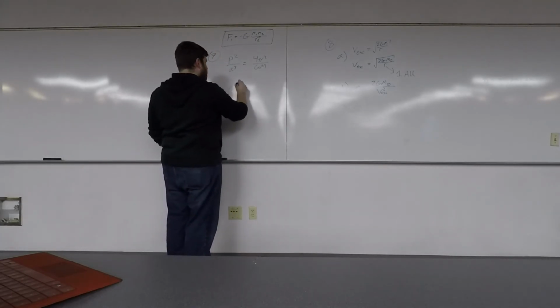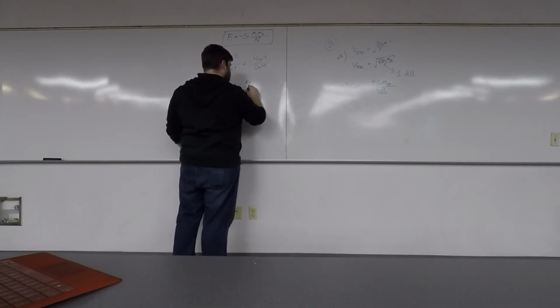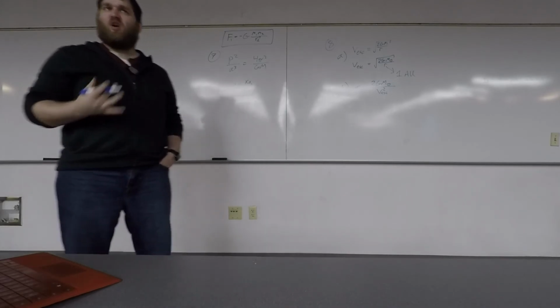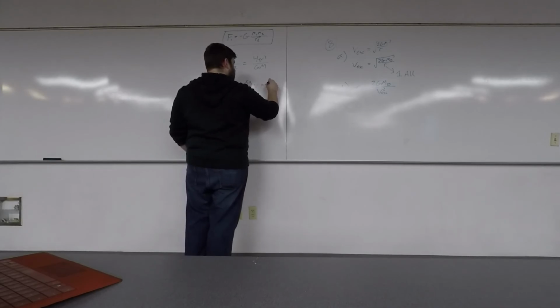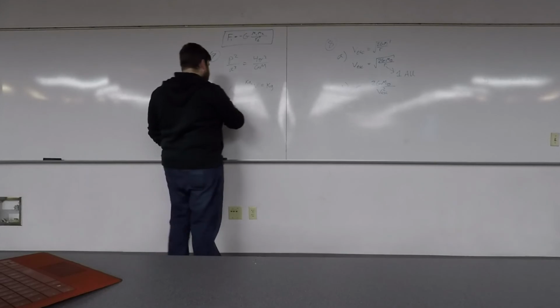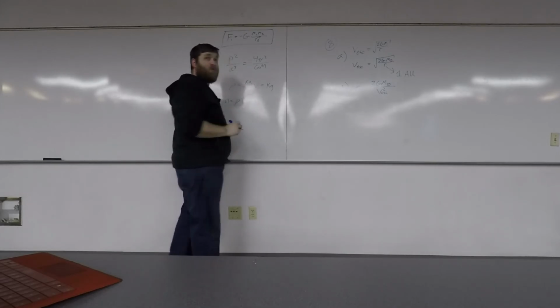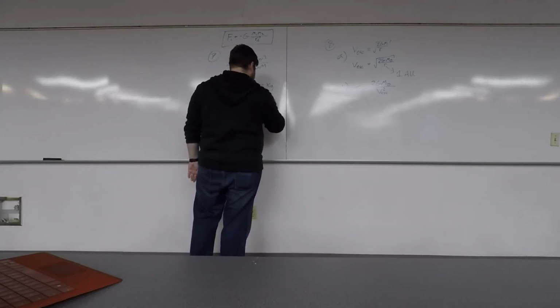So density, that's a rho, kilograms per meter cubed. If you times rho by a volume, you get the mass of the object. So our mass is going to equal rho v, where the volume of a sphere is 4/3 pi r cubed.